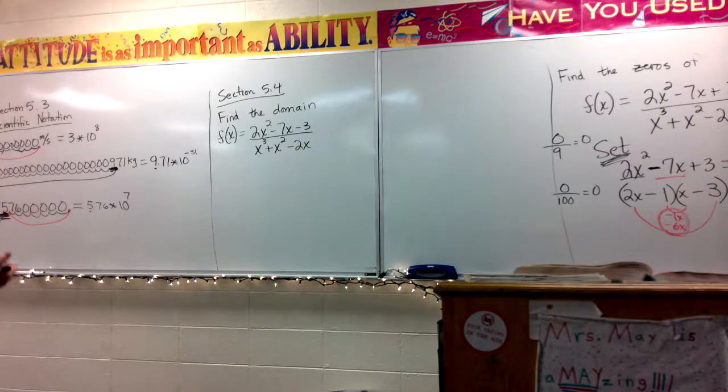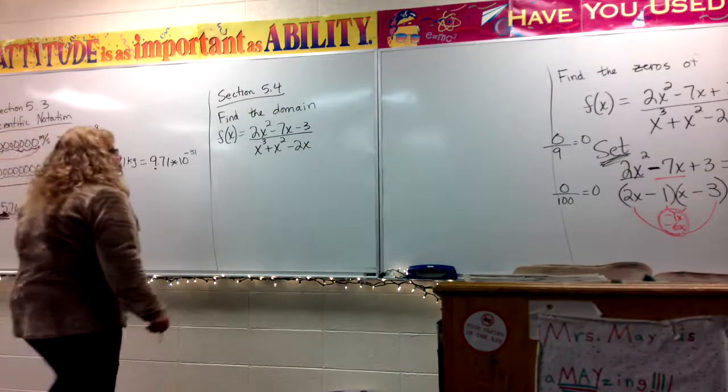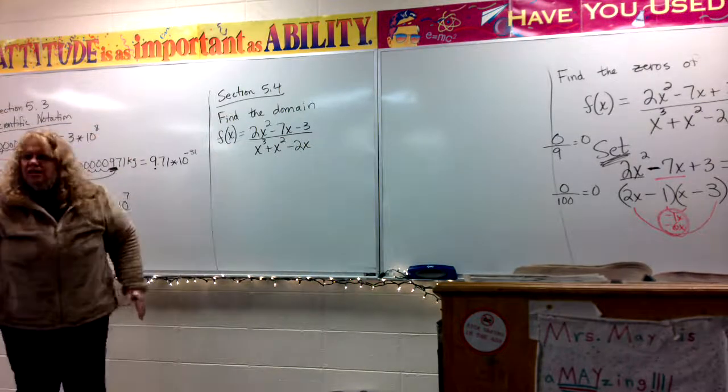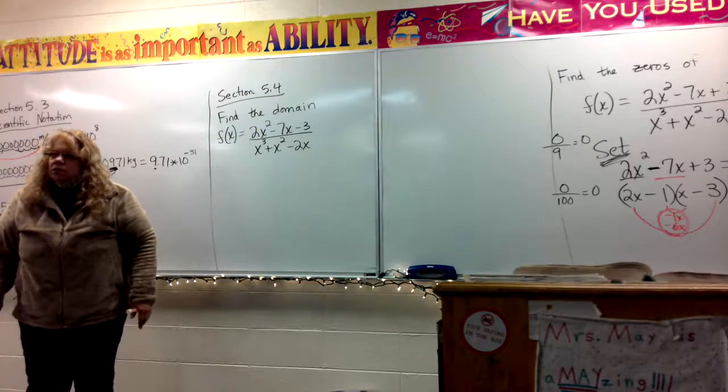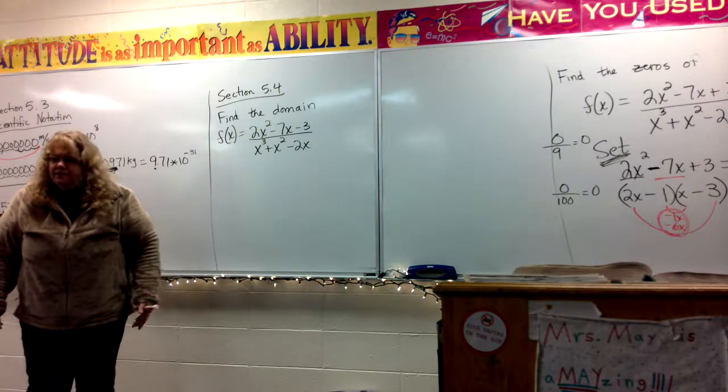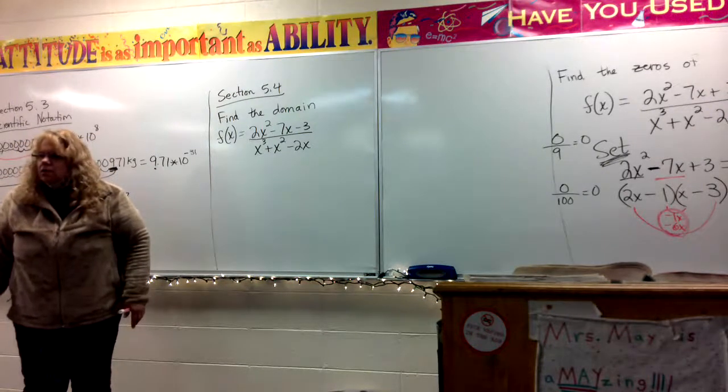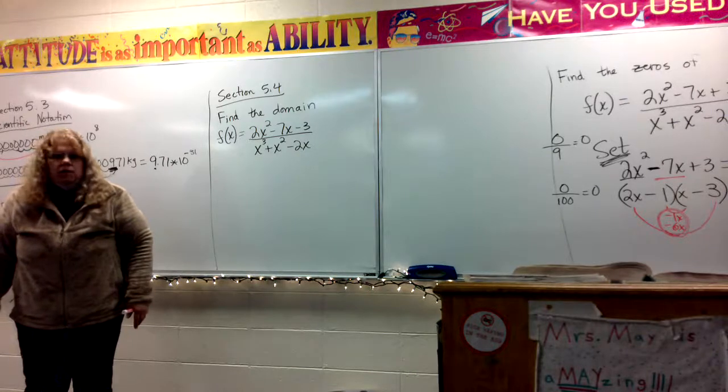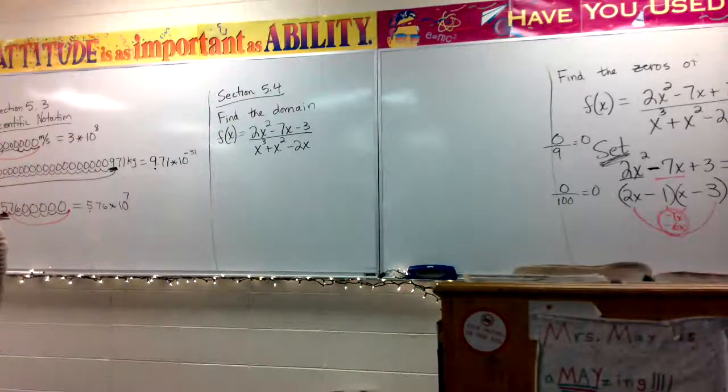Which I'm pretty sure a lot of you know about scientific notation already. Scientific notation is just a shorthand way to write numbers. Back in the old days, they didn't have calculators.